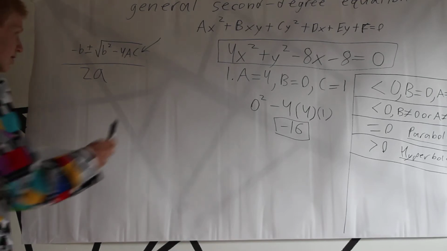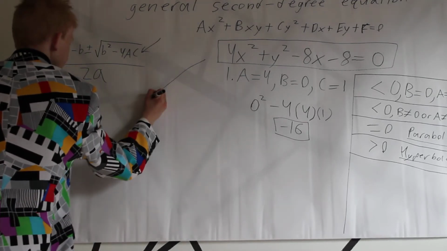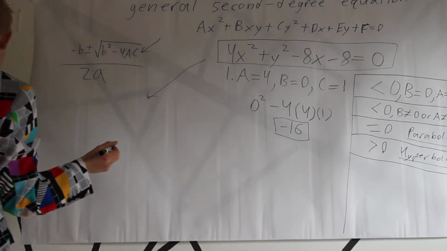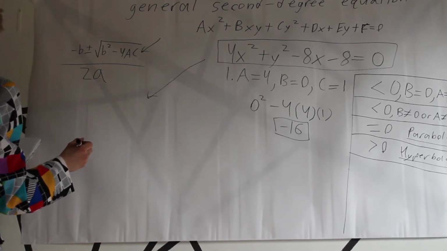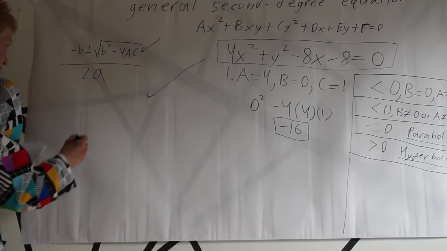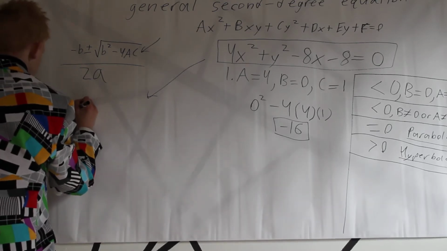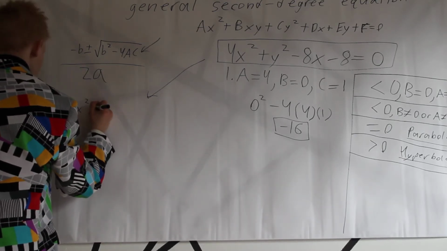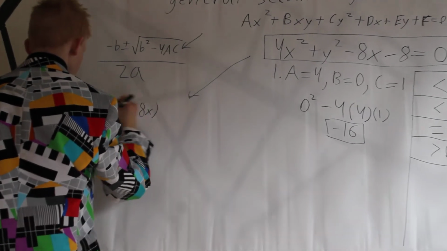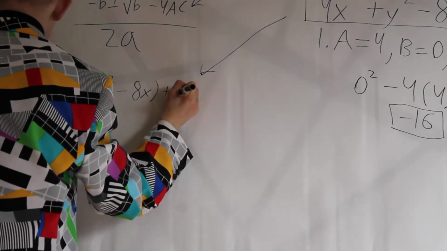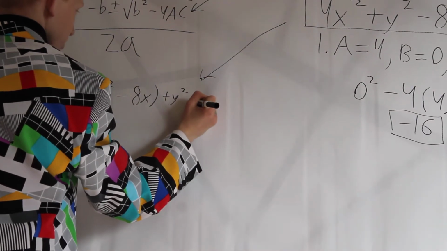So the first thing I'm going to do, I'm going to take this and move it over here. The first step is to move 8 to the other side and move a couple of things around. So I'm going to change it to 4x squared minus 8x plus y squared equals 8.